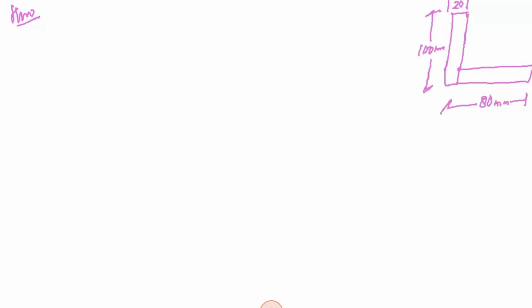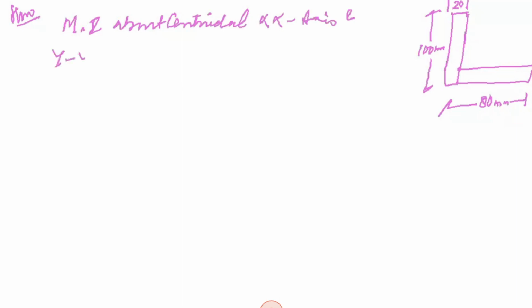Total is 80, and again this is 20. And we need to calculate moment of inertia about the centroidal x-axis and y-axis of the angle section.